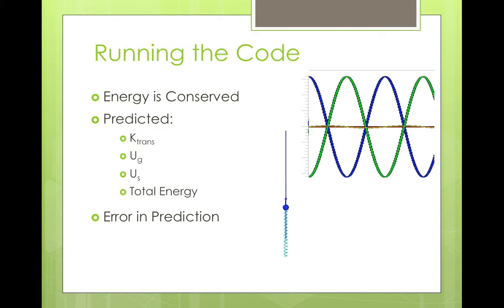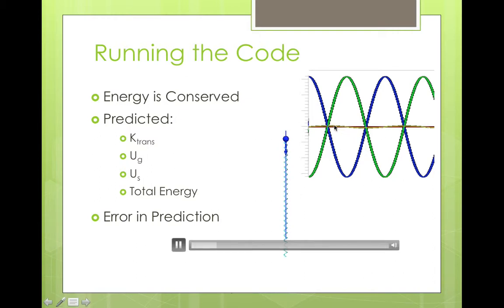The kinetic energy, the blue plot, and the gravitational potential energy, the green plot, are both non-zero with the object in motion. And the spring potential energy is zero if the spring was detached from the mass. As the object makes contact with the spring, the spring potential energy, which is kind of hard to tell from the graph, but it is this yellow line here, increases.